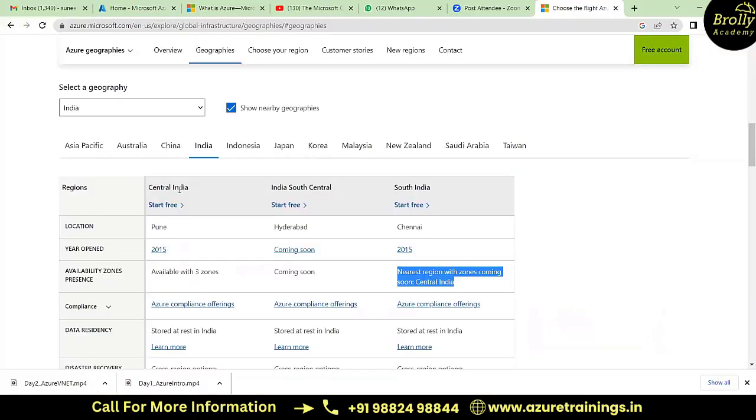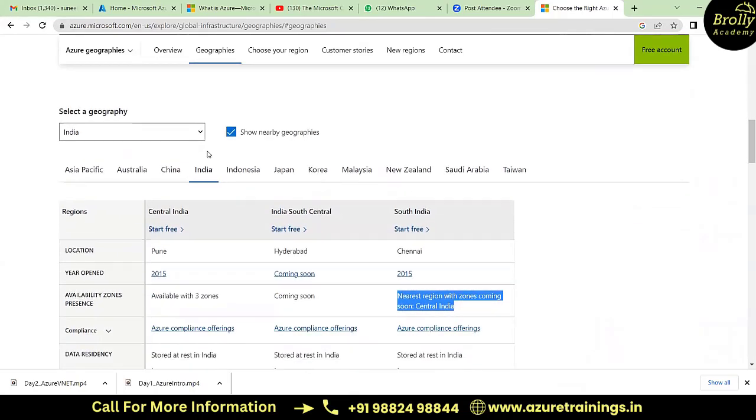You're good, right? See, these are all the regions: Asia Pacific, Australia. These are all the geographies. As I mentioned, India is one of the geographies. In India, these are all regions: Central India, India South Central.